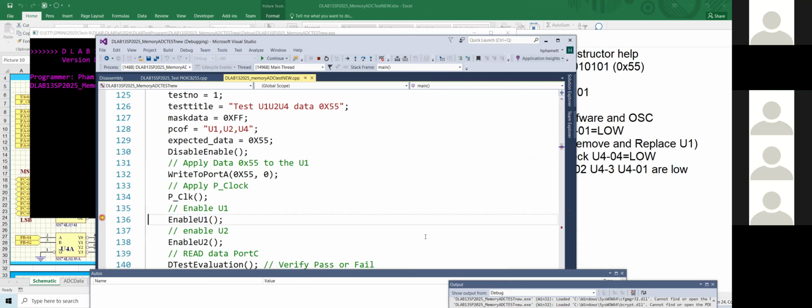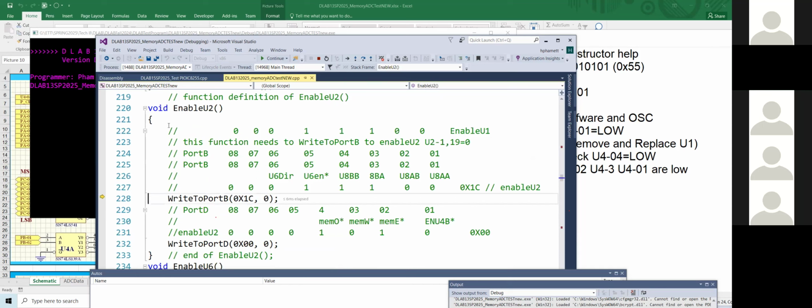You can see I press F10, they go to enable function 2. F10 means they go to the next line. Now, if I want to go into enable U2, press F11. You see that? They go to the function enable 2.